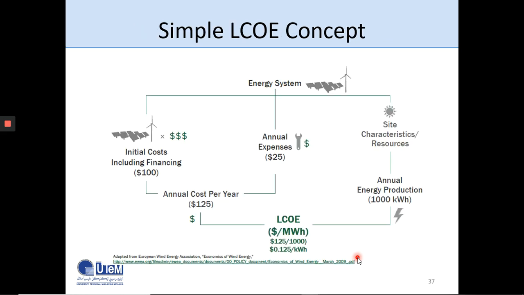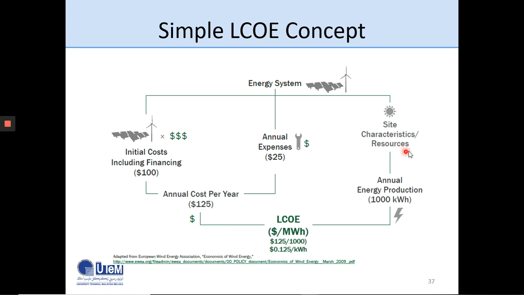Okay, so the simple LCOE concept is when we have an energy system, these are the costs, right? We have the initial cost, the cost to set up the system, and the annual expenses for maintenance, for operation, for whatever. And let's say the annual cost per year is 125. Okay, this is an example for solar.